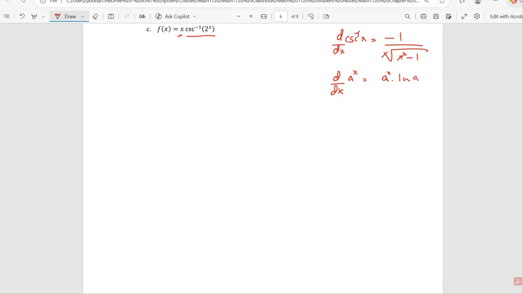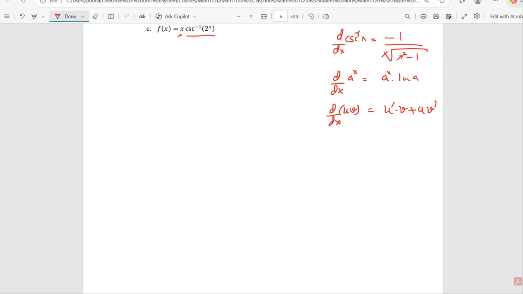Also the product rule: the derivative of uv is the first function's derivative times the second function plus the first function as is times the derivative of the second function. So we're going to use all these three rules here.